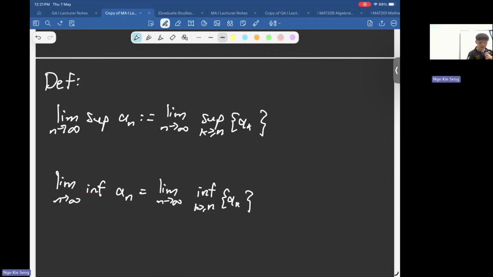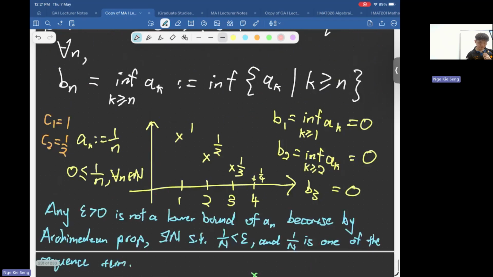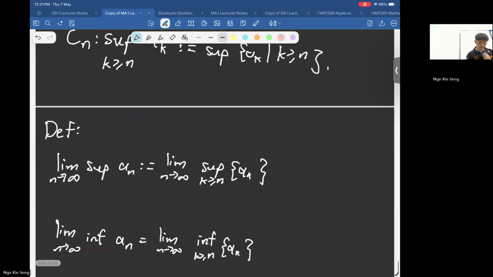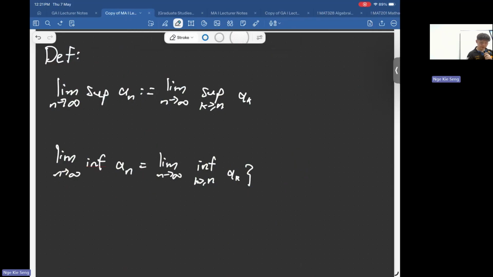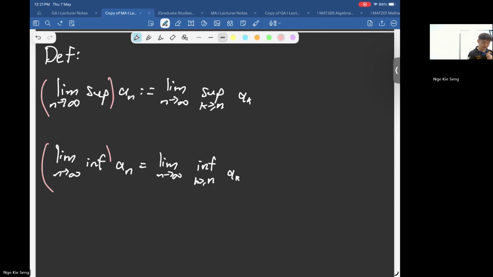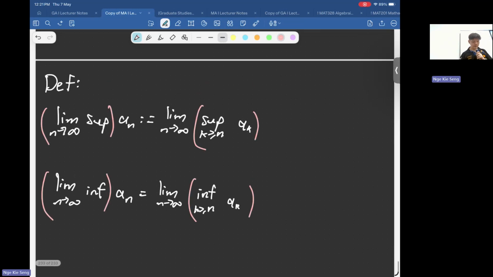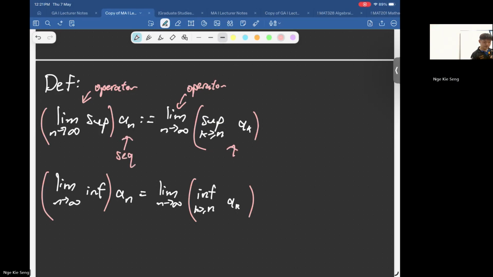Let me rewrite this. So there's a bracket, maybe looking something like this, so that you don't get confused. This one is an operator, then this one is an operator, and this is a sequence.